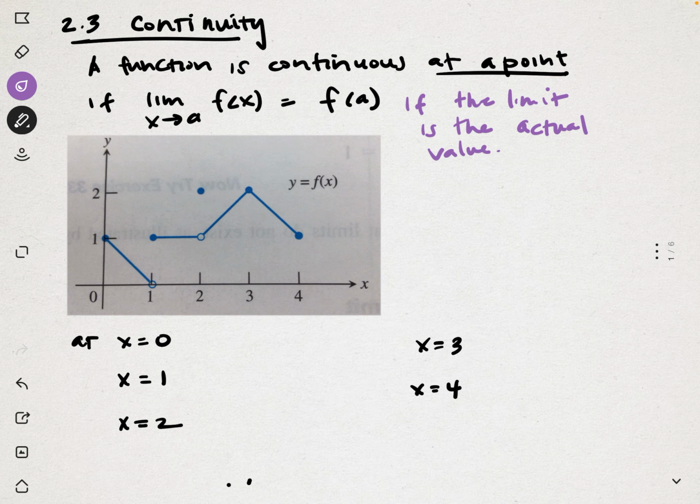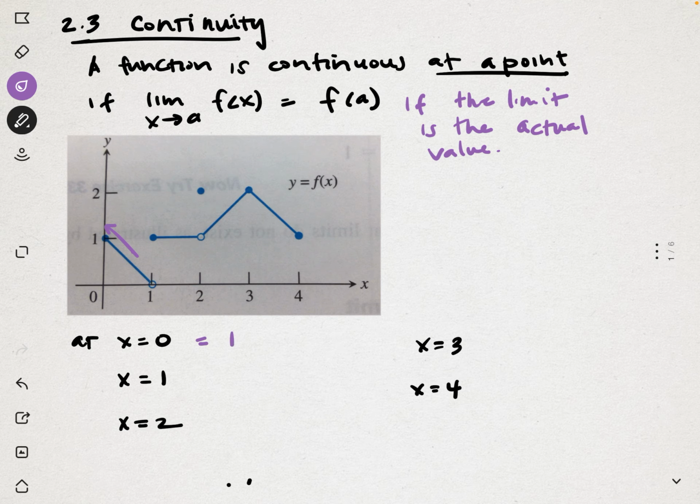So let's look at the continuity at all these points. If we look at x equals 0, well, it's continuous at 0 because it's just a point. We can't go from the right and left, so we know that it's continuous at its endpoint because it's solid there. So the limit as x approaches a for that one would be 1.